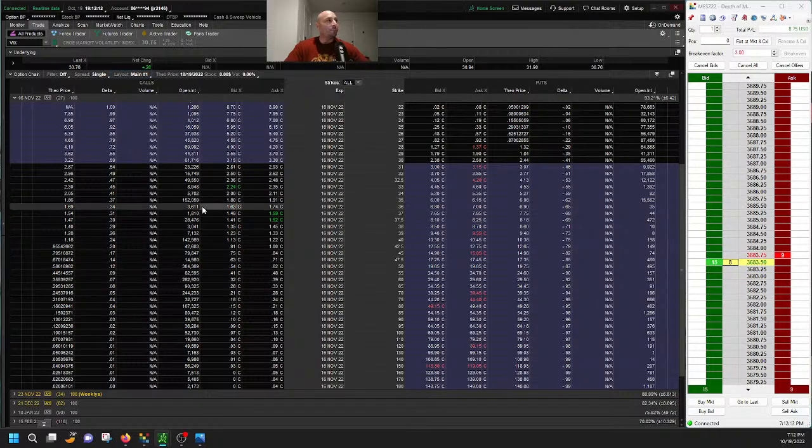Look at the 35s, 152,000. Look at the 40s, 142,000. Look at the 50s, 300,000. 282 at the 60s, 244 at the 70s, 100,000 at the 80s. There is some massive, massive call buying going on in the VIX.